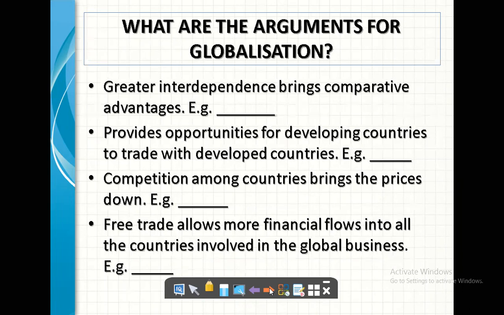Can you give me an example? Can you hear me? Yes, miss. What would be an example of greater interdependence on a country that has comparative advantage over us? What type of product can we talk about?